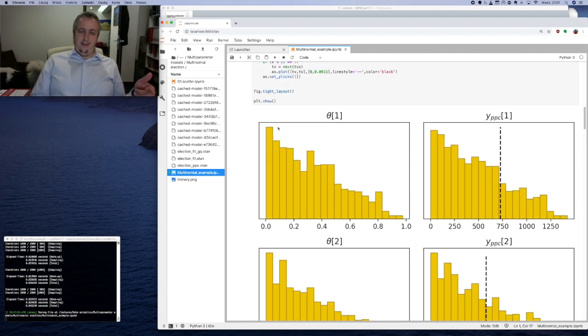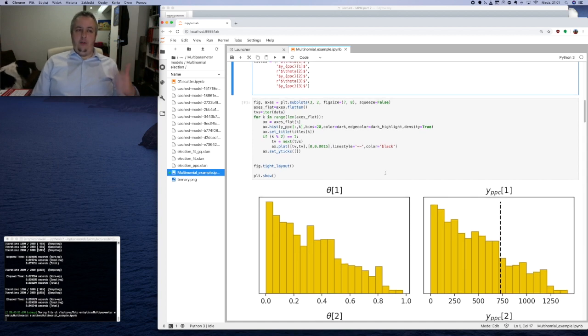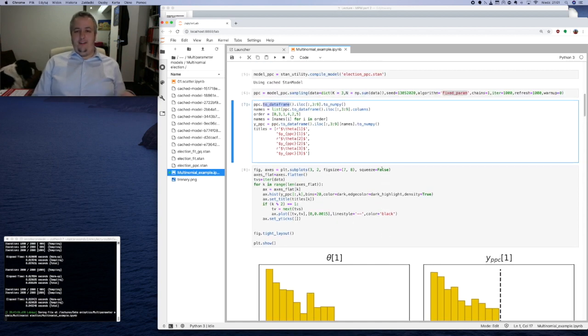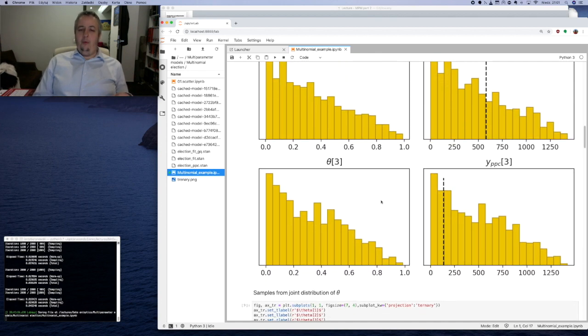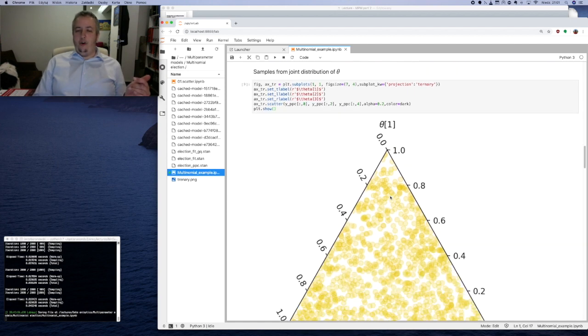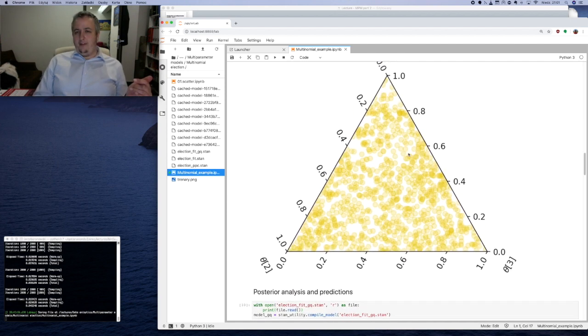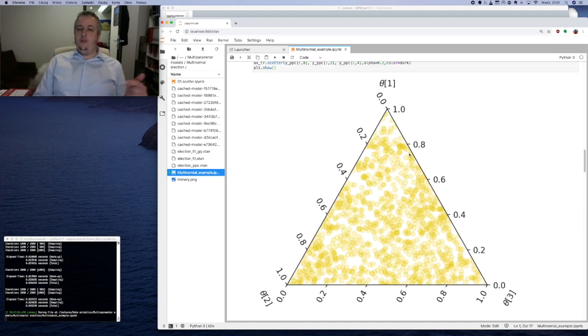Moreover, we can see that our theta parameters are distributed with a certain preference towards 0, which might be surprising, because we've discussed that we wanted the uniform probability. But uniform probability for simplexes is not the same as uniform marginal distributions. That's why we can look at the entire distribution of samples of theta on the simplex. A simplex, as I said, is always a triangle, and here we discover something called a ternary plot.